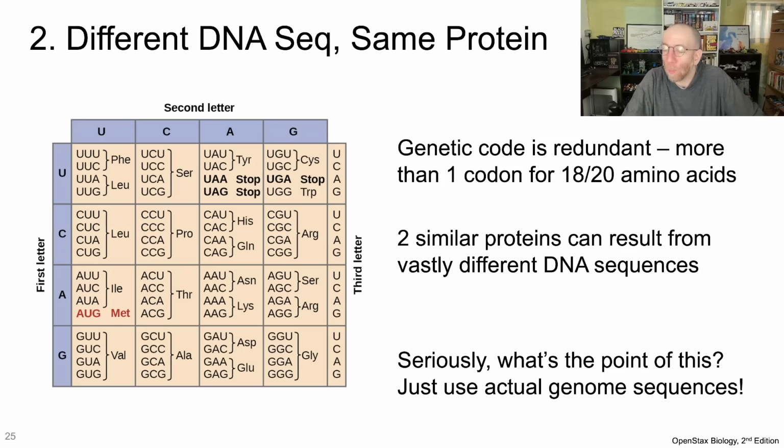Again, my response to this 2023 paper was, seriously, what's the point of this? Just use the actual genome sequences. In between the two, there were conversations with actual evolutionary biologists with Dr. Ewert, like on the Peaceful Science Forum, for example, where people brought these concerns to his attention.